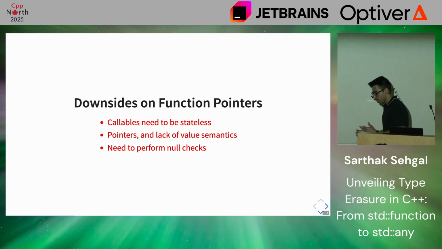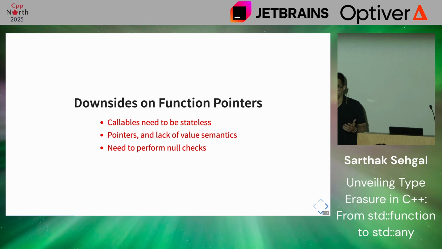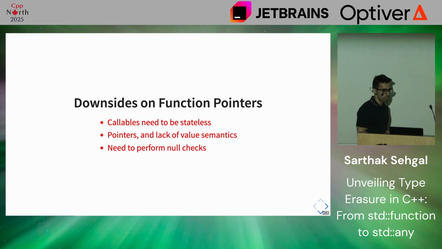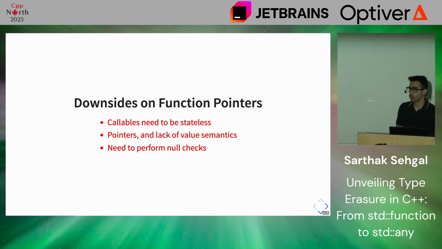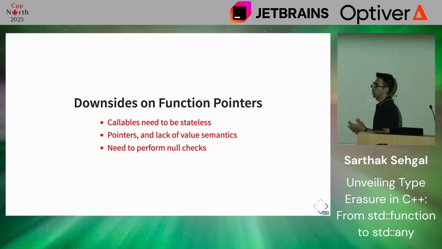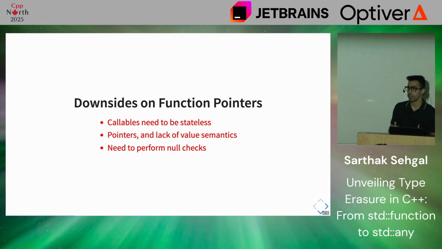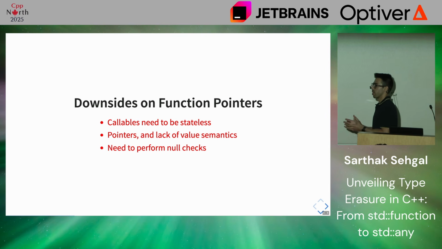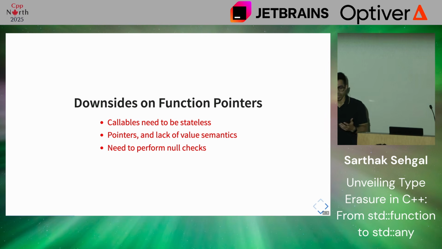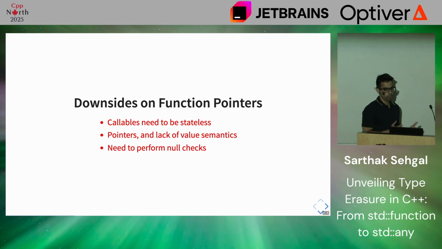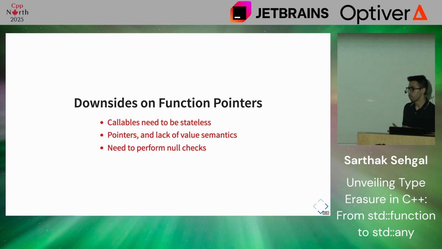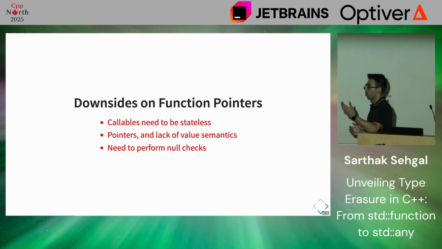So, taking a step back here, concepts don't work for us, function pointers don't work for us. Essentially, what do we want to achieve? We have a couple of different concrete types that share a common interface, and we want to be able to represent them with a single concrete type. One of the first things I learned in C++ was object-oriented programming, and quickly, interfaces and runtime polymorphism come up.